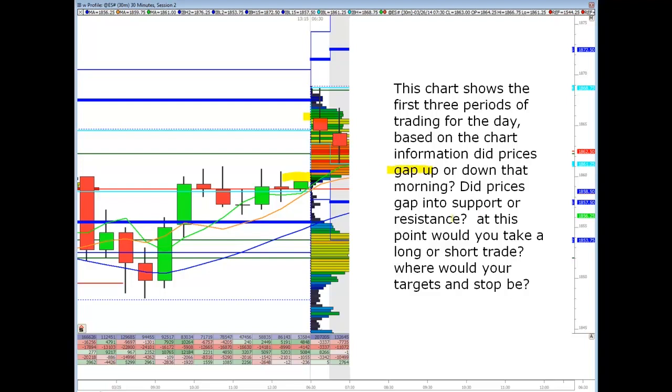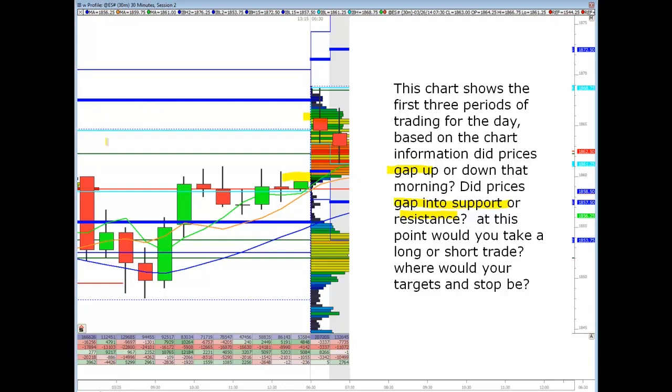Now the next question asks you, did we gap into support or did we gap into resistance? The answer is really quite simple. We don't know. We can't see to the left. But what I wanted you to get into the habit of doing is looking to the left.